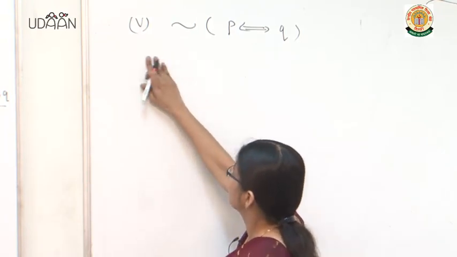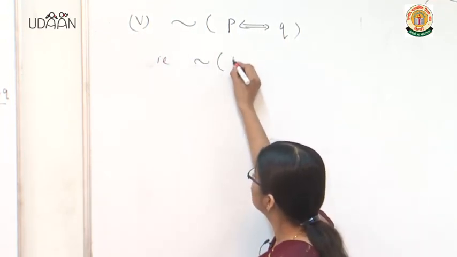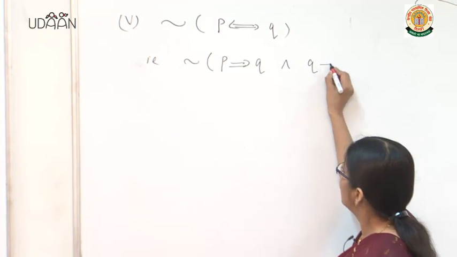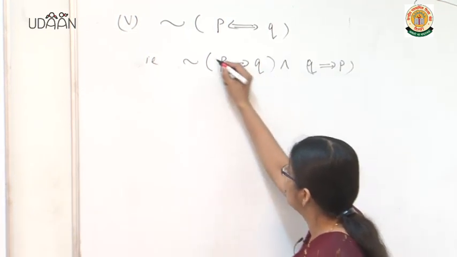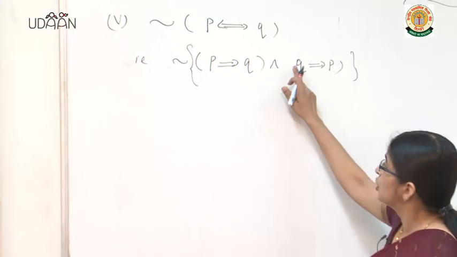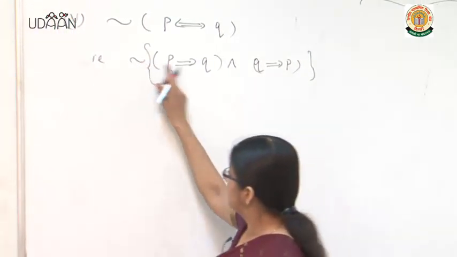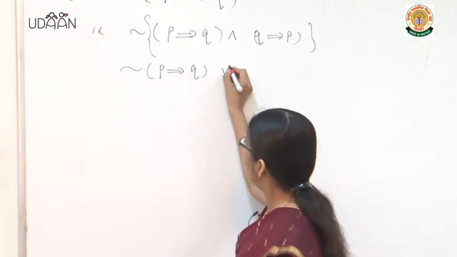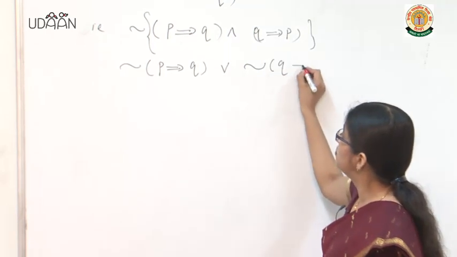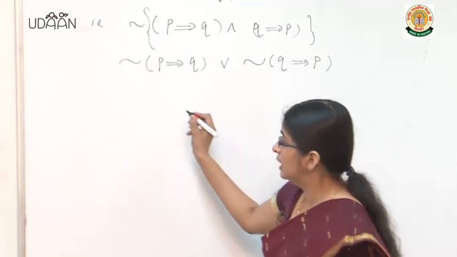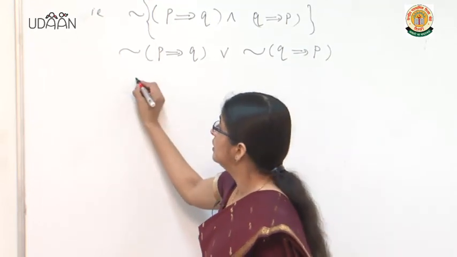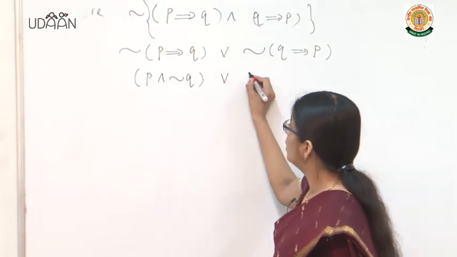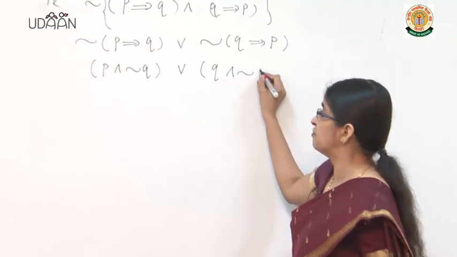This is negation of P implies Q and Q implies P. Simplify this: negation of P implies Q or negation of Q implies P. Take this negation inside. It becomes P and negation of Q or Q and negation of P.